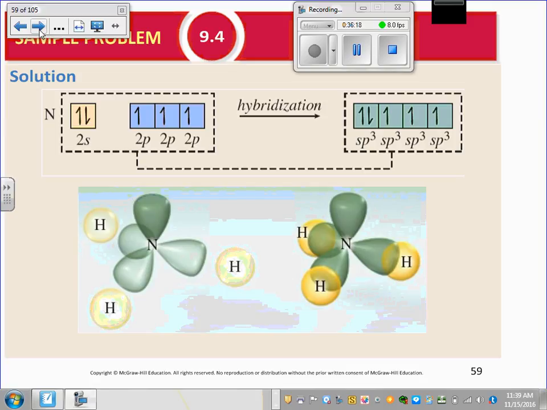The one that has the 2 electrons in it, that's the lone pair on the top of the nitrogen. These are the unpaired sp3 orbitals, and this is the one sp3 that has the 2 electrons in it. So we have 4 orbitals, tetrahedral, except one of them has a lone pair.